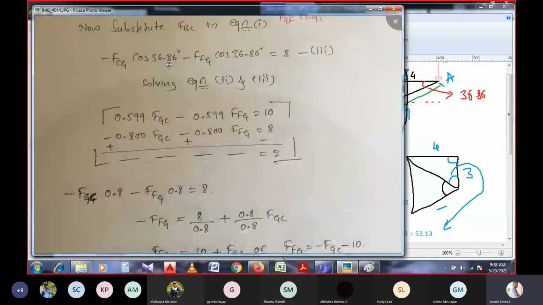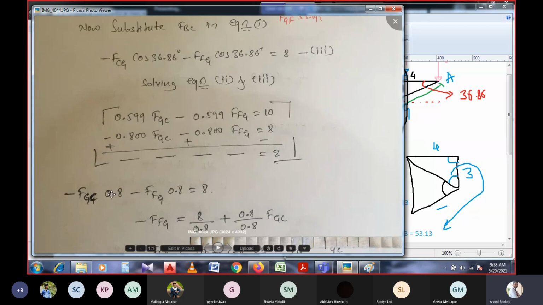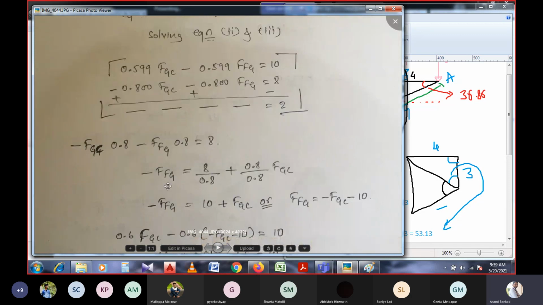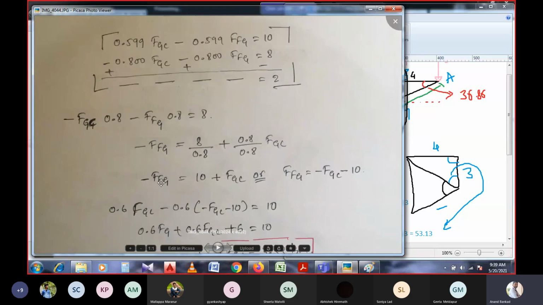So it is 0.8 FGC minus 0.8 FFG, which is equal to 8. Here, for FFG, we divide the whole equation by 0.8, so 8 by 0.8 is 10. This is just a simplification of mathematics.